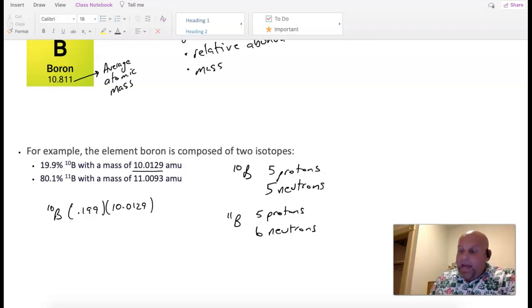If I don't have that, I could still just use the mass number used to identify the isotope. So using the atomic mass here, 10.0129, is going to end up giving me a much better value because of sig figs than being left with just using the mass number of 10. I'm going to do the same thing here for every isotope. In this case, there's only 2.